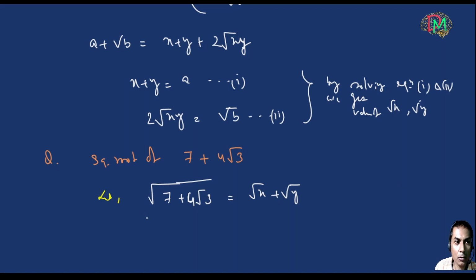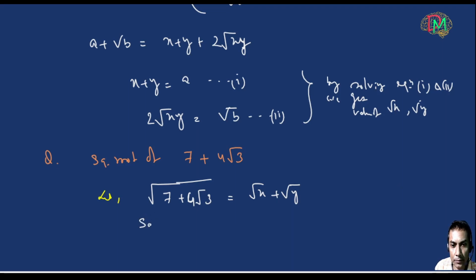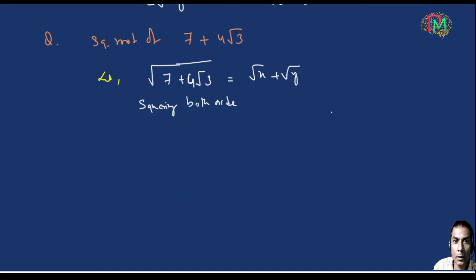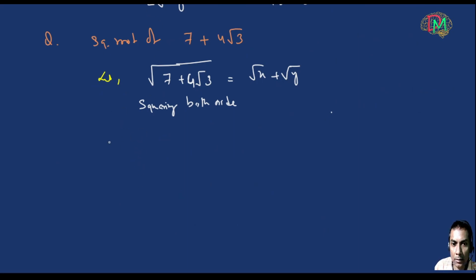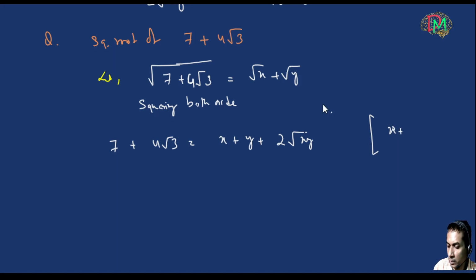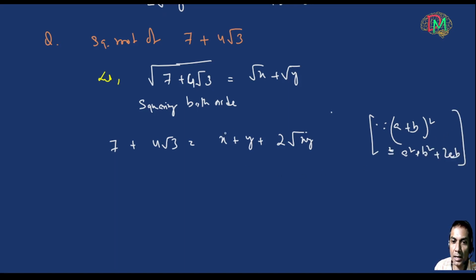Okay, so squaring both sides, what will we get? 7 plus 4 root 3 is equal to x plus y plus 2 root xy. Why? Because we are applying the algebraic identity a plus b whole square is equal to a square plus b square plus 2ab. Clear?